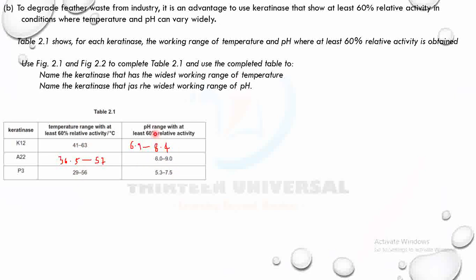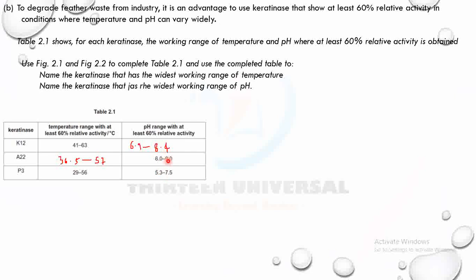Which one can work within the widest range of pH? Okay, I think it should be this A22, that is 3 minus this from this. This is not up to 3.